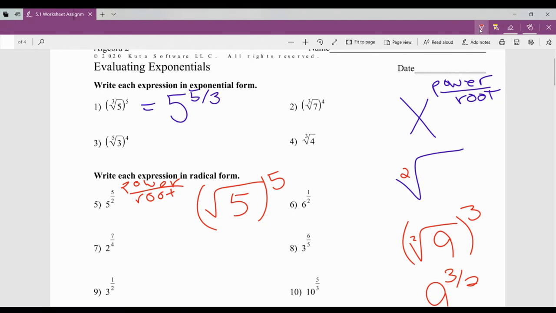So you're not going to be marked off if you write in the 2 or you don't, okay? It does not matter. You can leave it like that or not represent the 2 there because we know that's a square root. All right, guys, so that is your assignment number 2, to complete this worksheet.